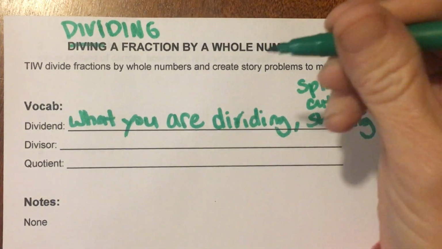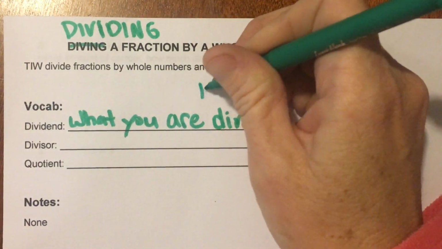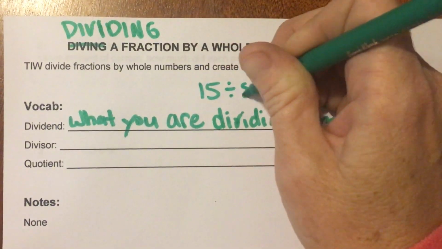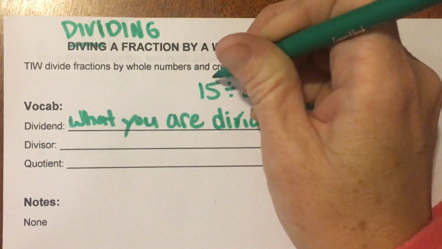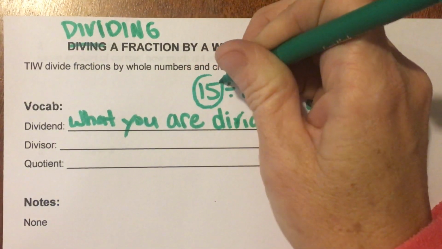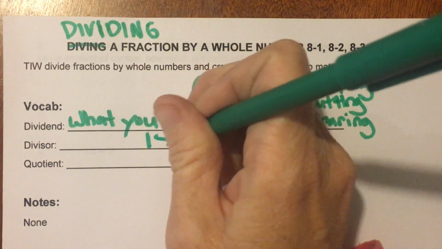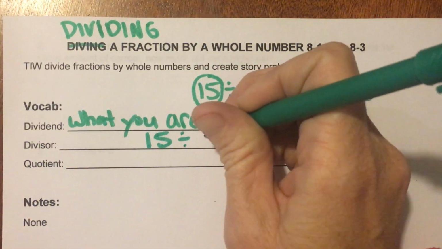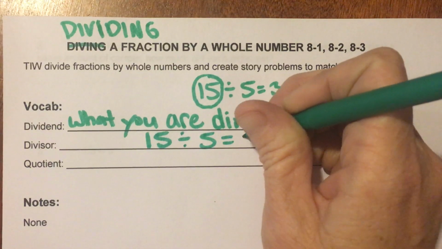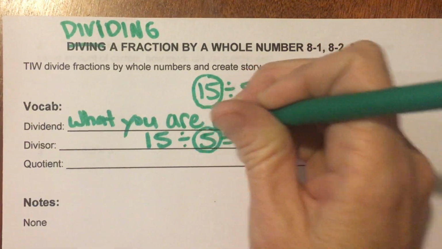Okay, so if your number was 15 divided by 5 equals 3, our dividend is the 15, because this is what I'm dividing. My divisor, in that same equation, would be the 5.